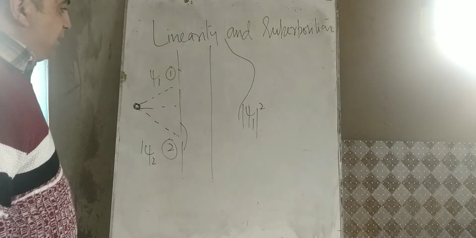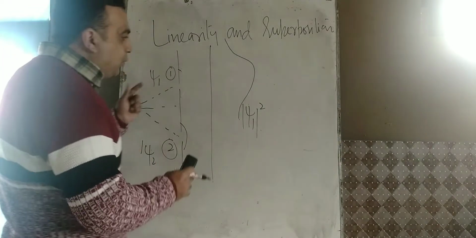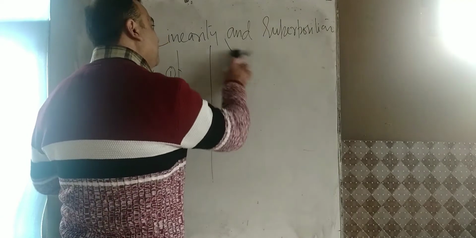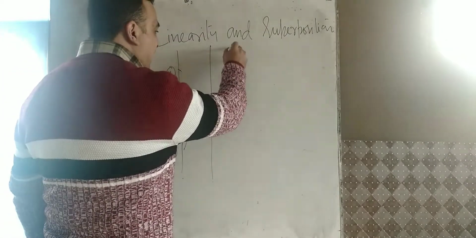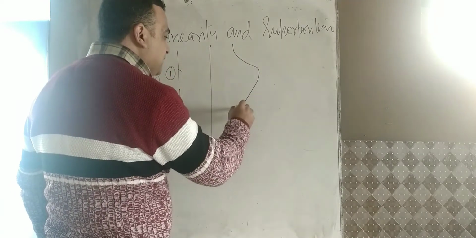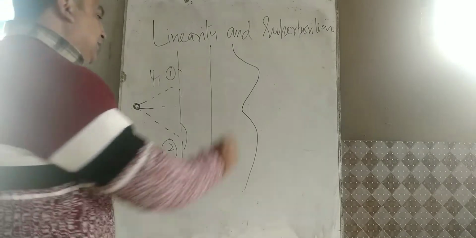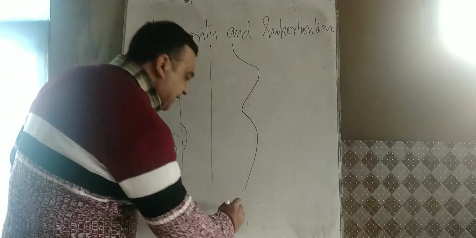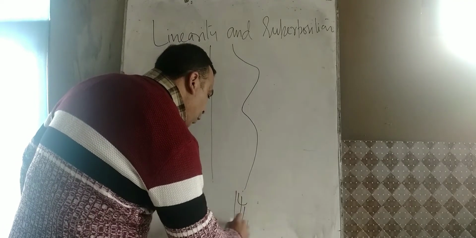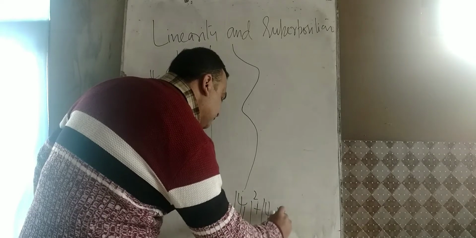Now, the fact of the matter is that if I keep both the slits open, what should I expect? I should expect a situation like this. The distribution of intensity should look like this. That means I can write here psi 1 square plus psi 2 square.